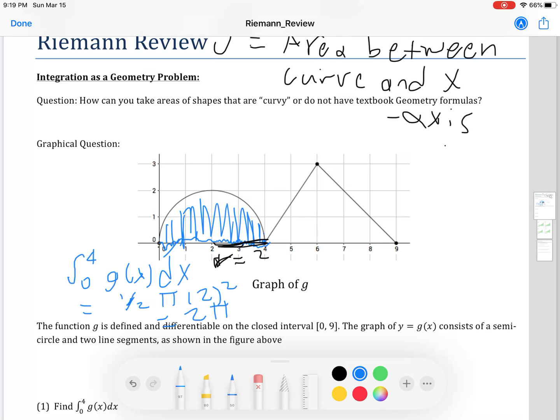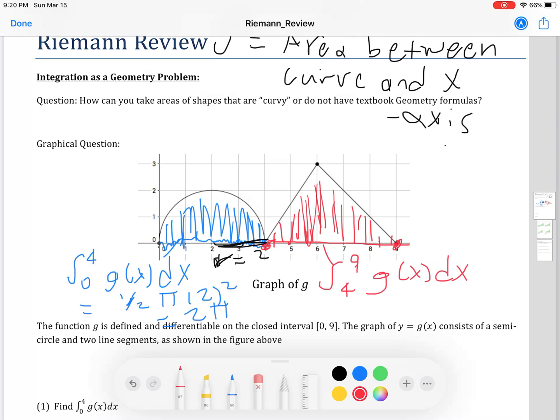And then I'm going to use red for the second integral. When we represent it as an integral, we are going from x equals 4 all the way to x equals 9, and the function is called g of x dx.